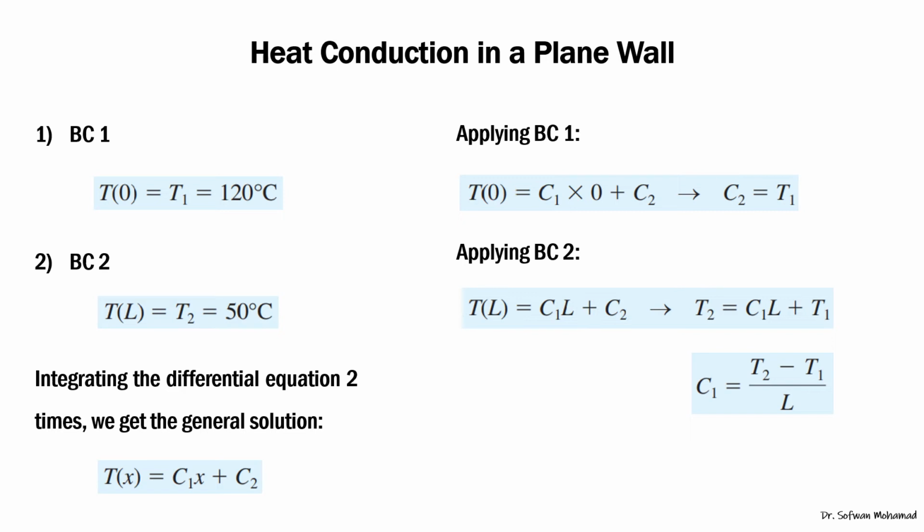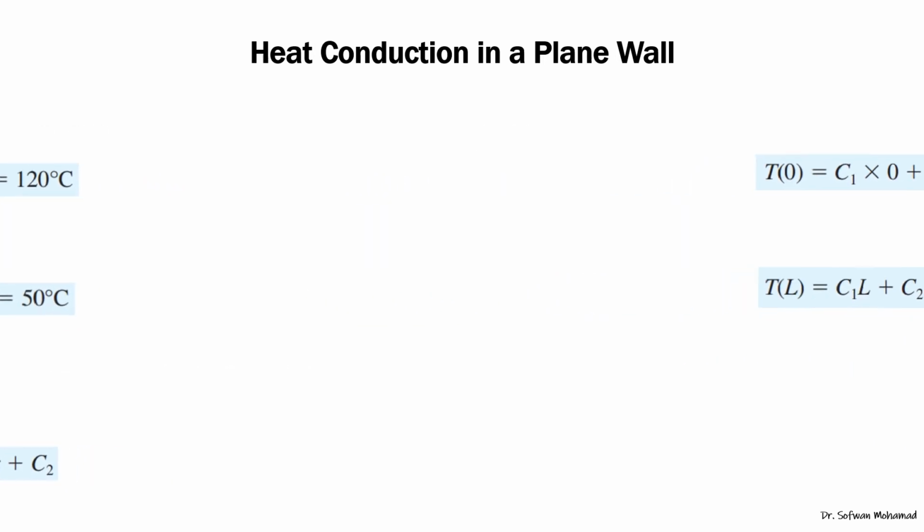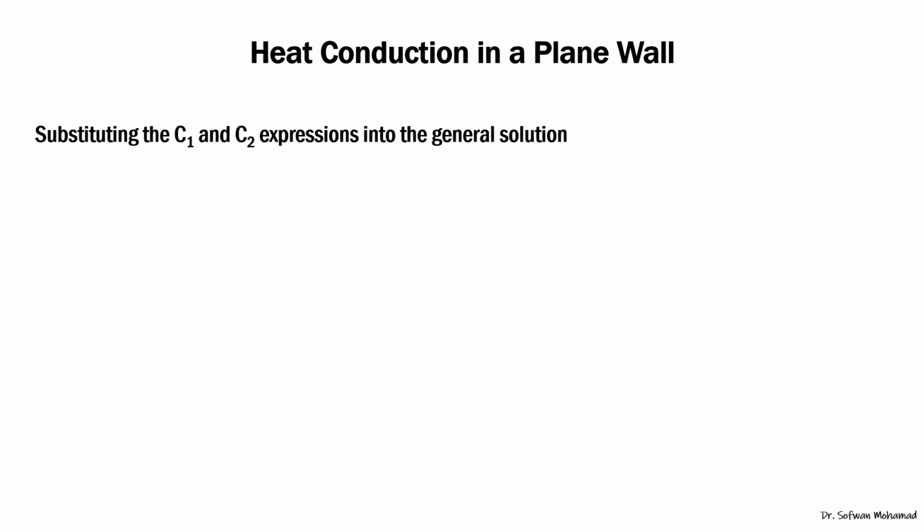And we rearrange in terms of C1, which equals T2 minus T1 over L. Now we have the values for C1 and C2.